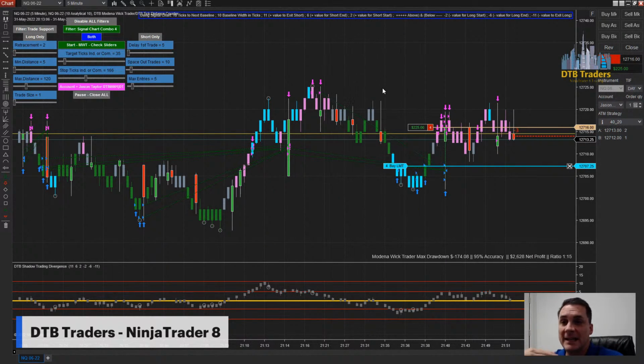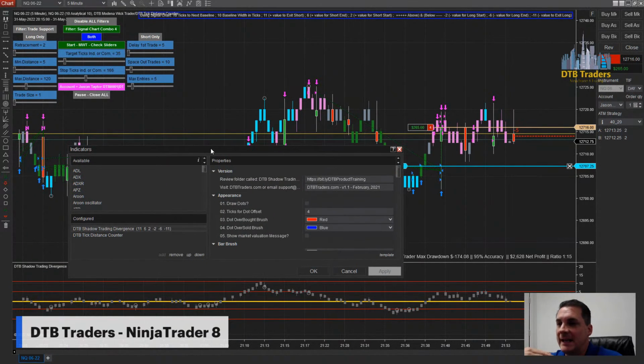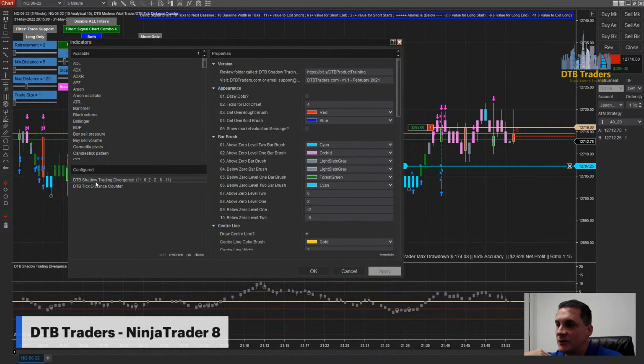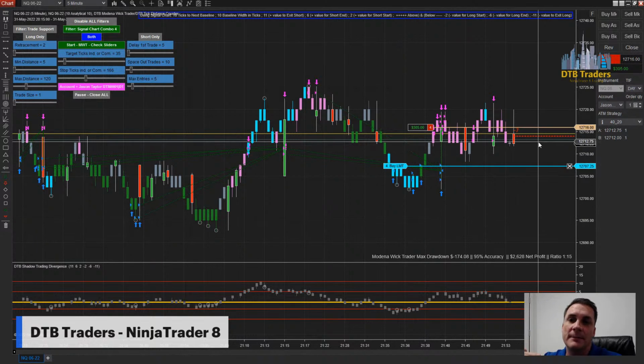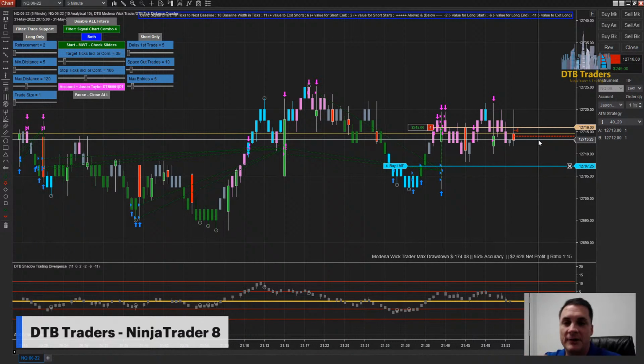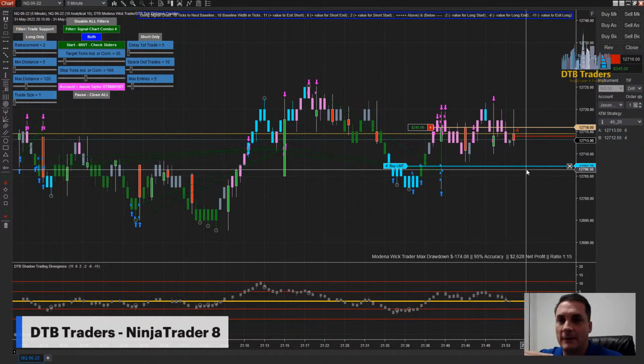And that specific indicator, the tick distance marker, is linked to the 5-minute chart. So what that does is it tells you how many ticks the price has moved since the opening of that candle. So you can immediately tell, is the price in buyer's territory or seller's territory according to the opening of the candle.